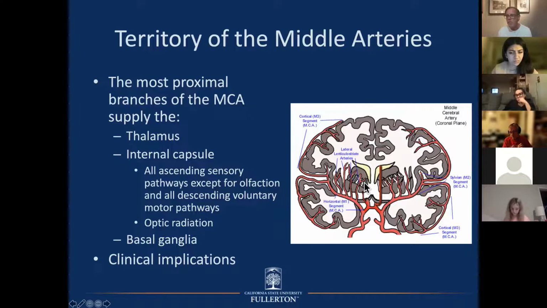Is that working for you, Georgina? Okay, good. I was completely lost. What's hard is that the lenticulostriate artery is not very apparent from the slides. The only way you can really see that is if you blow them up on your own. But it's apparent here, isn't it? Well, it depends on what you're doing.